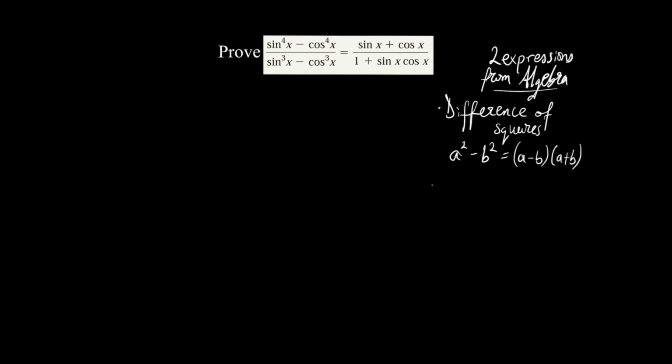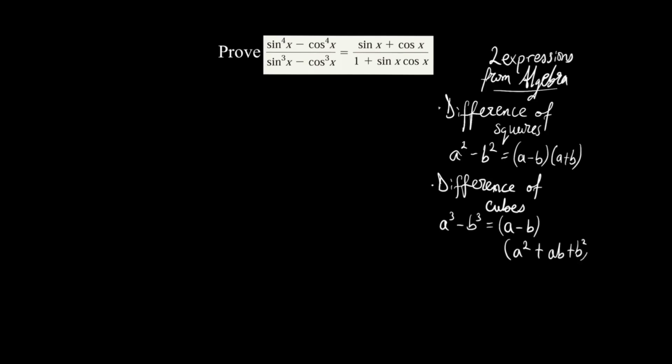And then we'll also need the difference of cubes. Difference of cubes says a cube minus b cube equals a minus b multiplied by a square plus ab plus b squared.